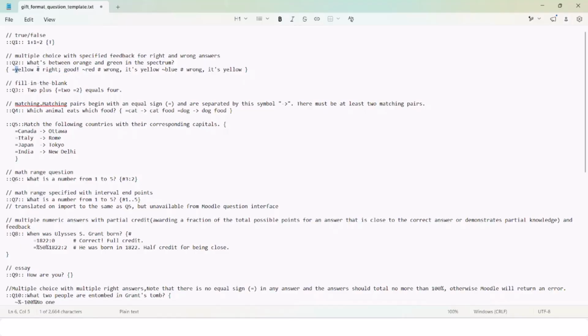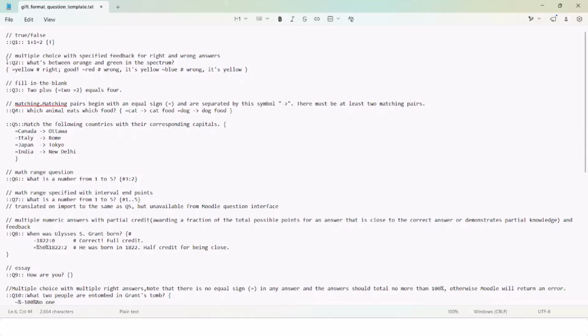The feedback the student will get is 'Right, it's good!' Then the second choice in the multiple choice question is red, with the tilde sign, which means it is wrong, and this is the feedback. Then the third option is blue with the tilde sign. It means it's wrong, and it has its feedback.